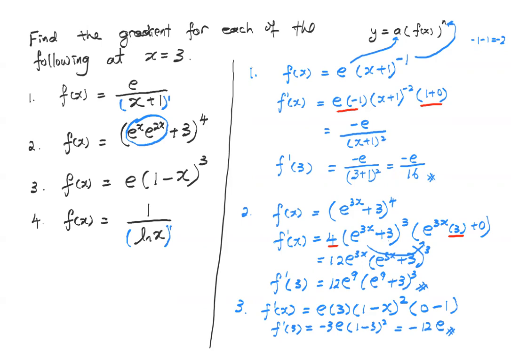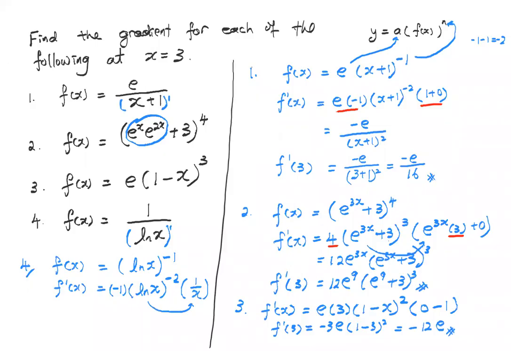Okay. So the last one, number 4, you have to rewrite this as ln x to the power of -1. So f prime x will be equal to multiply by the power, copy down the whole thing, power take away 1, that becomes -2, and the rate of change of ln x is 1 over x.